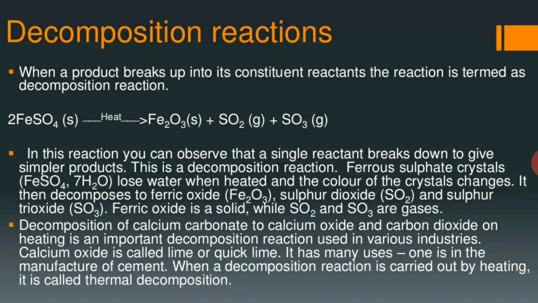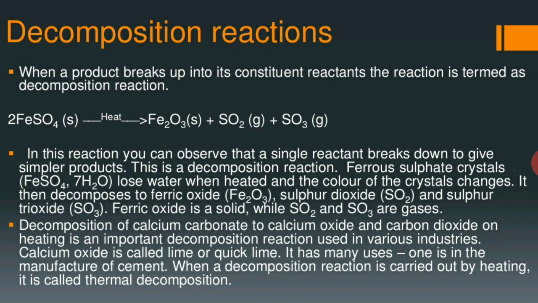When you heat calcium carbonate, it decomposes into calcium oxide and carbon dioxide. This is one of the important chemical reactions which is used in industry. So decomposition reaction means when a single product breaks up into its constituent reactants.